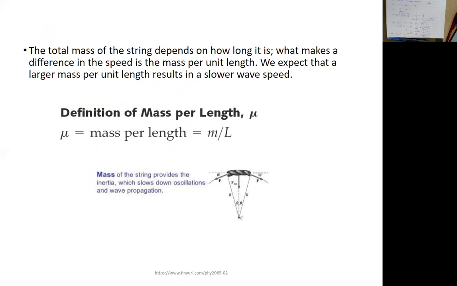For linear density, you do the mass divided by the length. M divided by L. We use the symbol mu for that, so mu in this case is the mass per length. Previous semester we used mu as the coefficient of friction, but this time we use it as the mass per unit length.